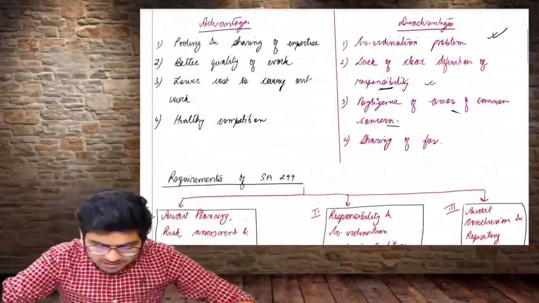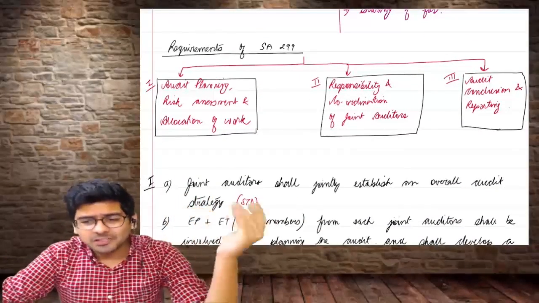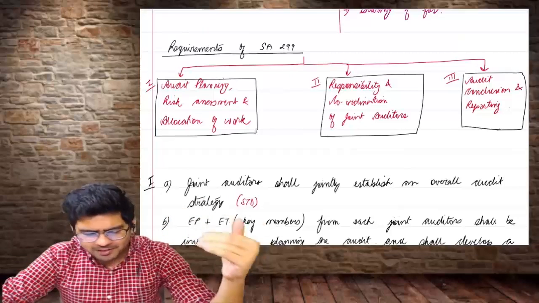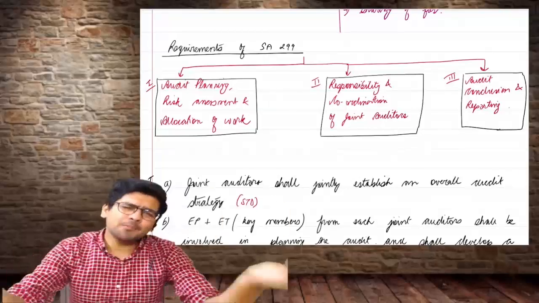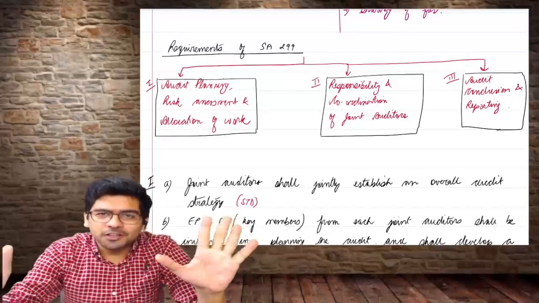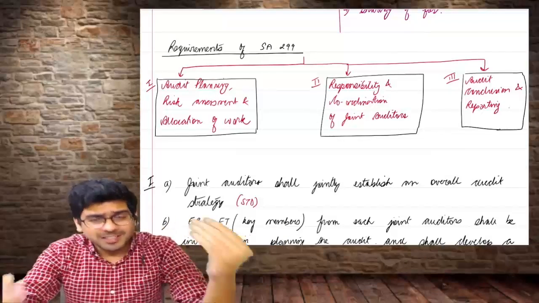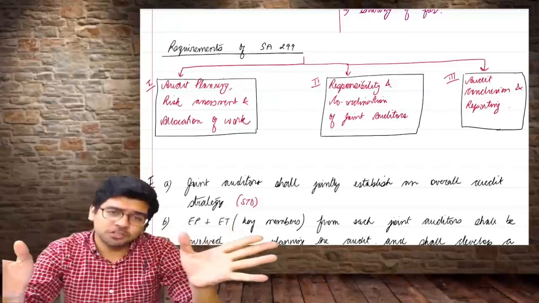So let us start with the requirements of the standard. Only 3 areas we have to cover here. What are the areas? First, audit planning, risk assessment and allocation of work. In any type of audit you do, whether you are the sole auditor or in the case of joint auditors, we have to make an audit plan and go with the risk assessment, and then we have a specific point in case of joint audit, that is allocation of work.